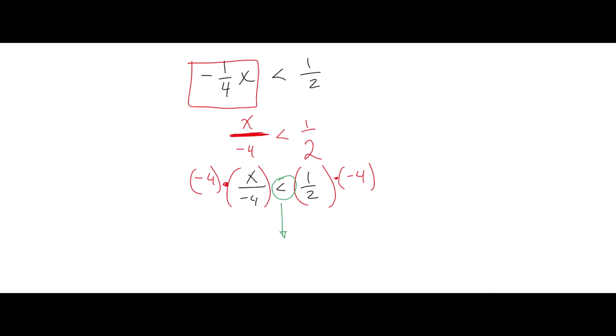Every time that you multiply or divide by a negative number, you need to reverse or flip this inequality sign. So here it's going to be canceled out. This is x greater than. The final answer is going to be negative 2.